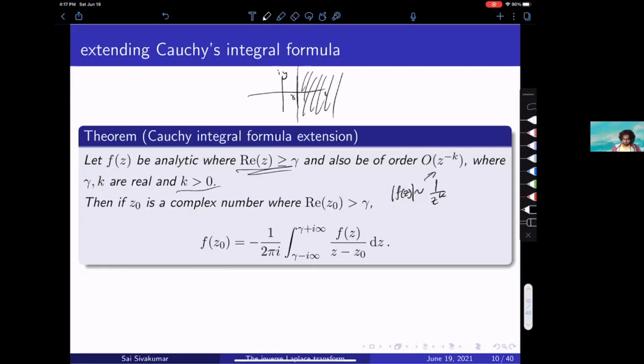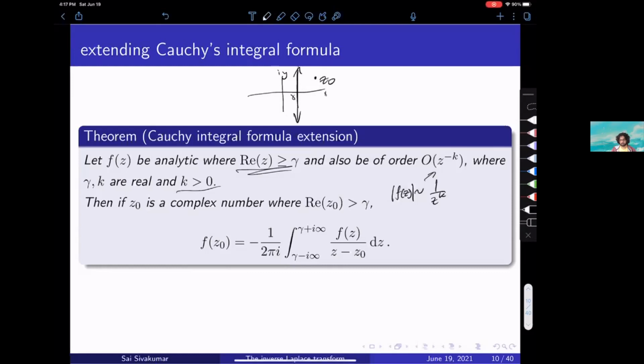So then, if we take z naught to be some complex number in this half plane, so somewhere like over here maybe, then instead of having to integrate over some loop, we can just take the integral over this straight line, meaning the one that I already drew, this line here.